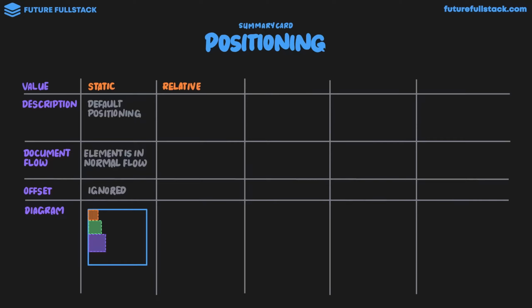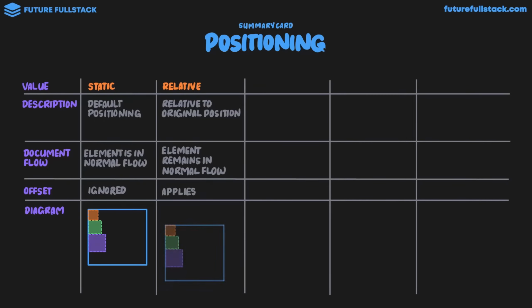For relative positioning, the element is positioned relative to its original position. The element remains in normal flow. That is, the slot of the element is still there. Offset properties can be applied. Looking at this in diagram form, if we set our green element to have a position relative and applied the offset property left 100 pixels, the element will move 100 pixels away from the left of the reference point.